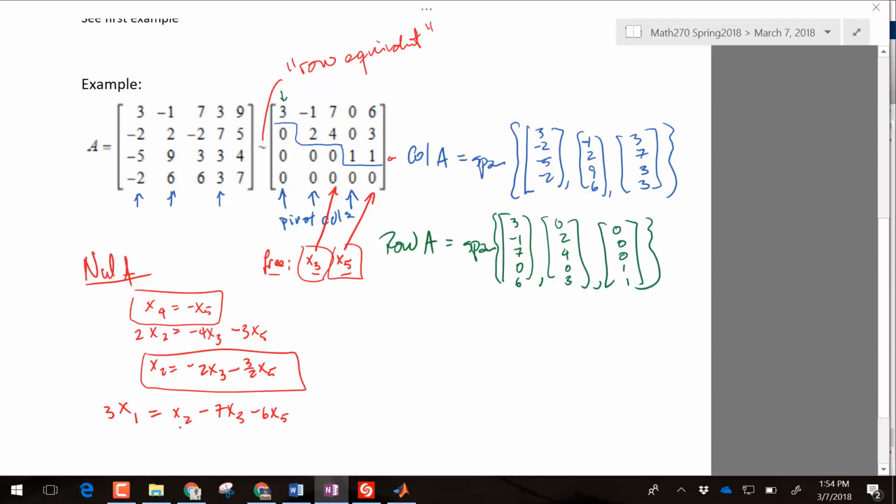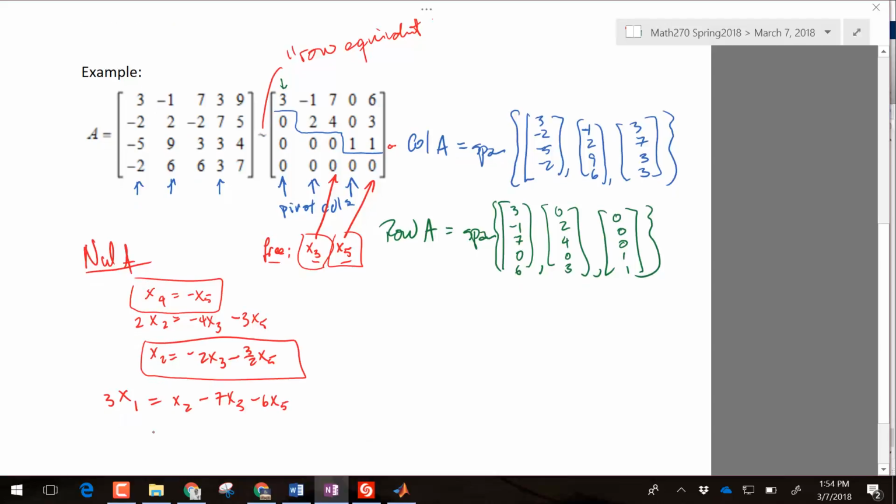Okay, now I have an x2, which means I have to put the x2 in. Watch. 3 halves x5 minus 7x3 minus 6x5.